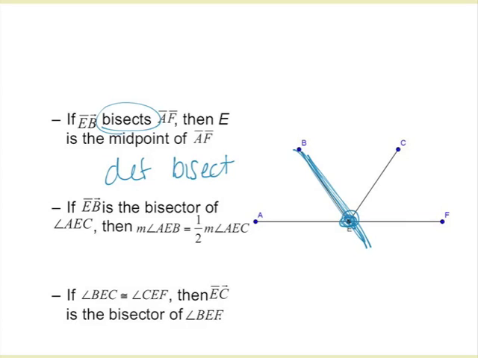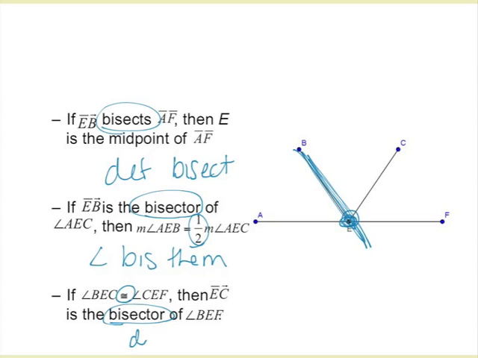Our next one has a keyword of bisector, and then it has a half in there. When you see a half, you know you should be looking at one of our theorems from today. So this is going to be our angle bisector theorem. Number 9 has a keyword of bisector and a congruence.